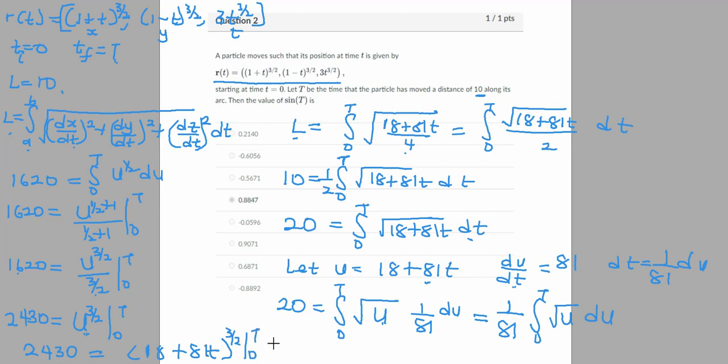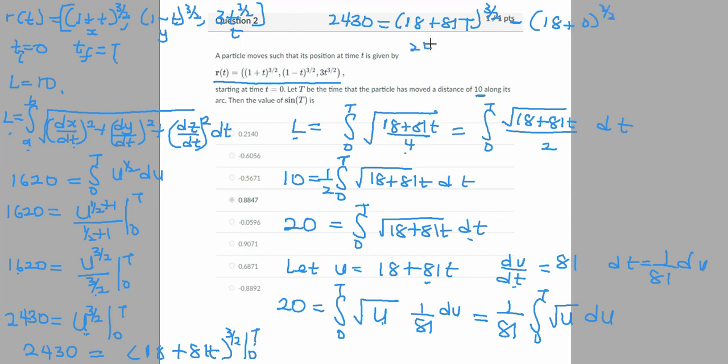Now I can apply the definite integral method to solve it. Applying the definite integral, we're going to have 2430L equal to, we put t inside this function, 18 plus 81 capital T raised to power 3 over 2, minus 18 plus, instead of t, now that's 0, 81 times 0, which is 0, raised to 3 over 2.